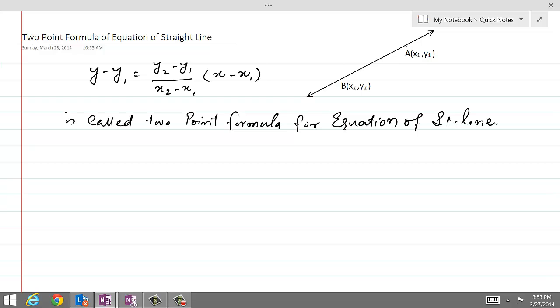So when we know that there are 2 points given on the line, we can use this formula.